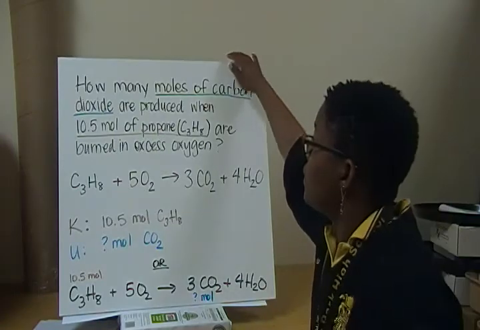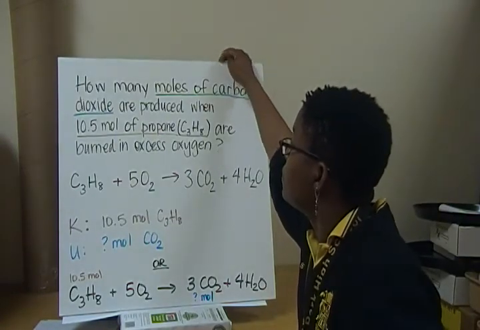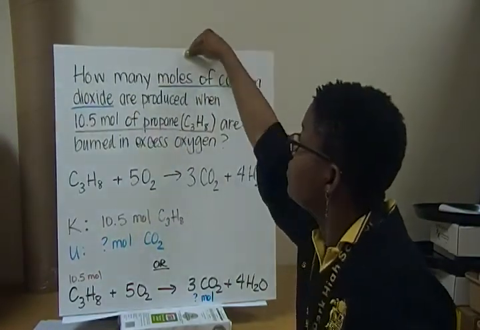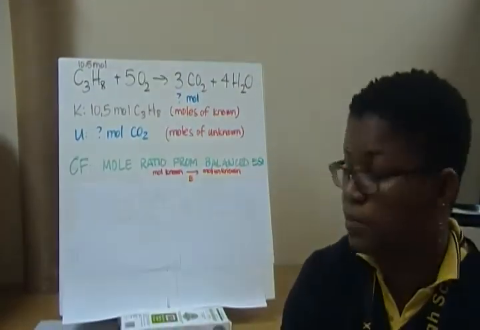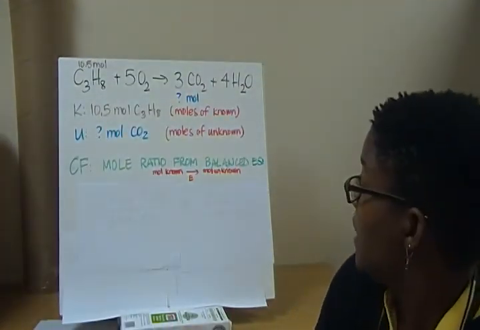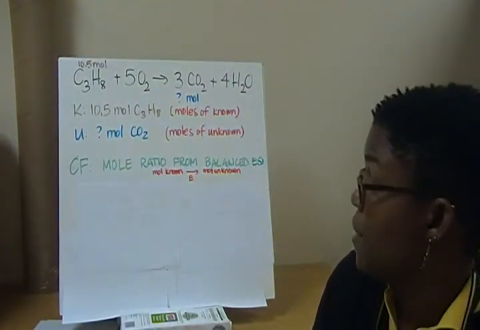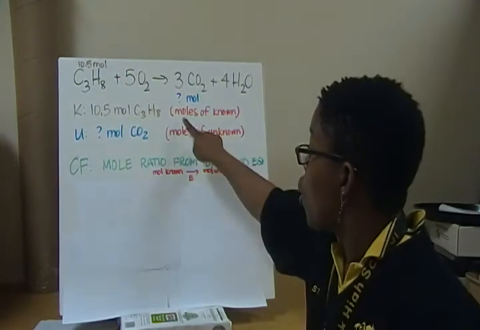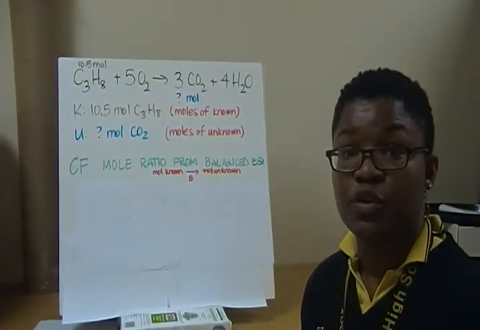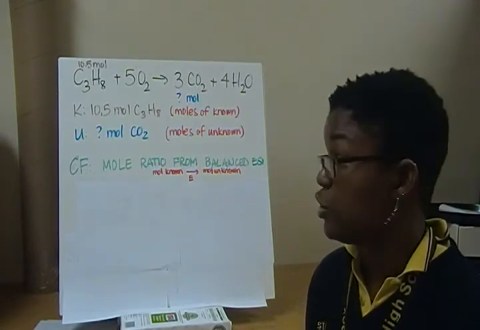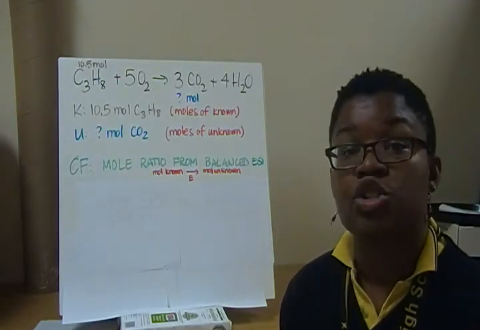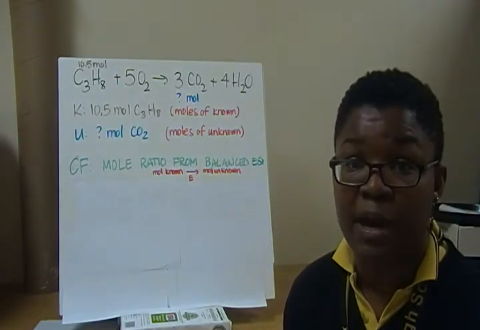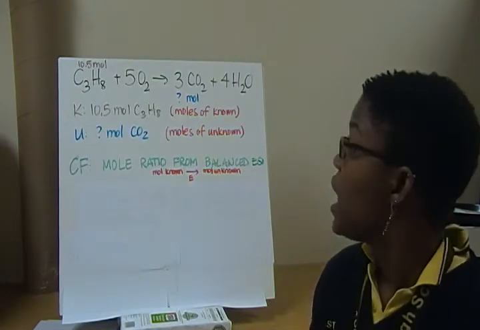So let's get into solving the problem. Now, our known is the moles of known, the unit moles of known from your stoichiometry math that you received in class. I'll try to also link one to the bottom of this page so that you have it available.